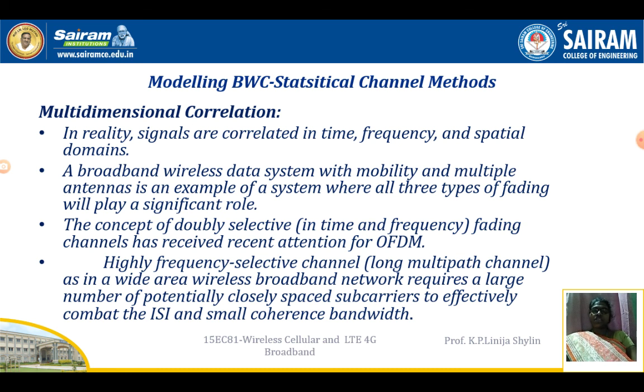That is the concept of double selectivity, that is OFDM, orthogonal frequency division multiplexing. Here a long multipath channel is also taken into account, with intersymbol interference and small coherence bandwidth.